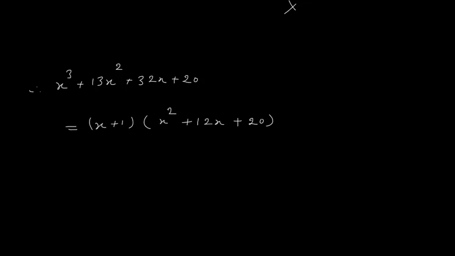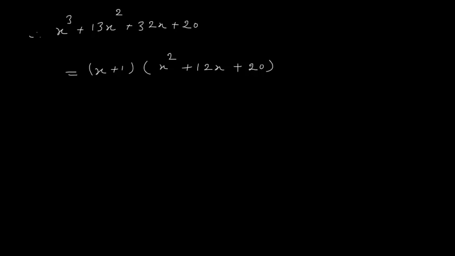Now this is a quadratic polynomial, so here I can use factorization or the splitting the middle term method. This 20 I have to split in two parts such that their addition is 12. So 10 twos are 20, this gives me the required result.